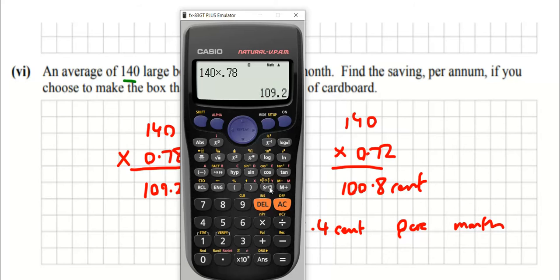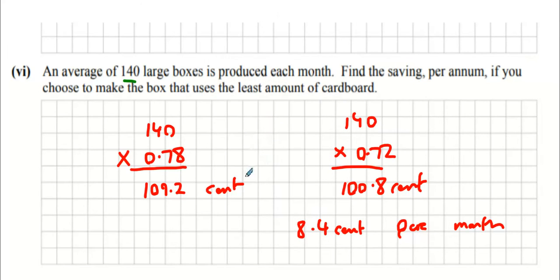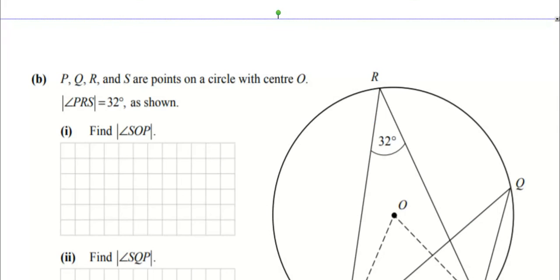Definitely made a mistake. That's 109.2 euro. My fault. Euro. So it's actually 8.4 euro. I knew something was up. €8.40 per, yeah. Sorry guys, my bad. I had it as 2 decimal places, that means it's in euro, not cent.